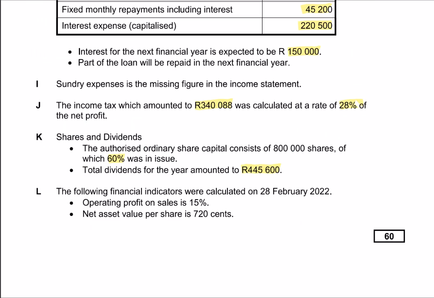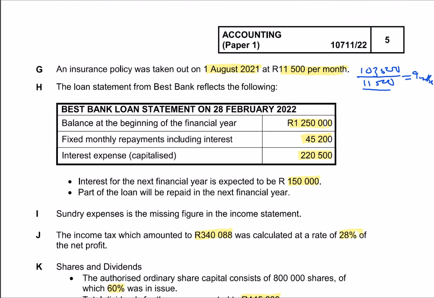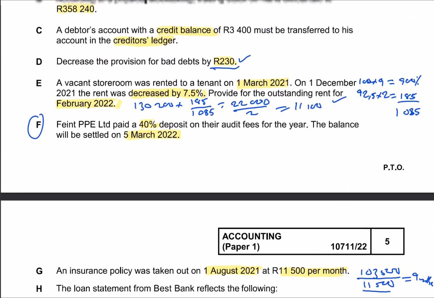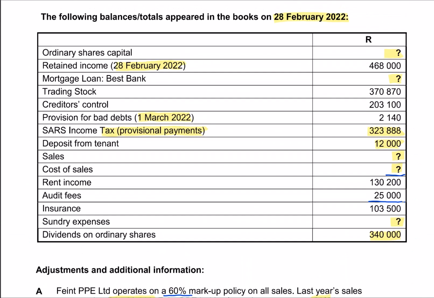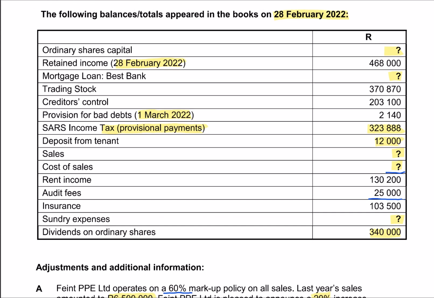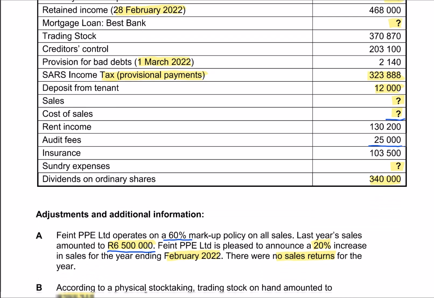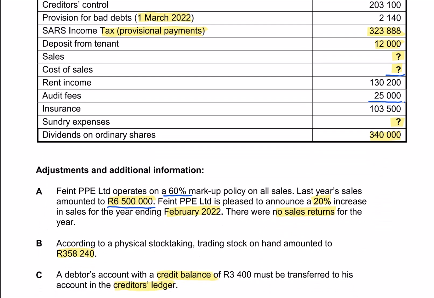Now let's see what they say about interest income. Do we have any fixed deposit that we're given? I don't think so. I didn't see anything pertaining to fixed deposit. Let's look at other questions that we can complete and see if there's any balancing figure. Okay, all right.